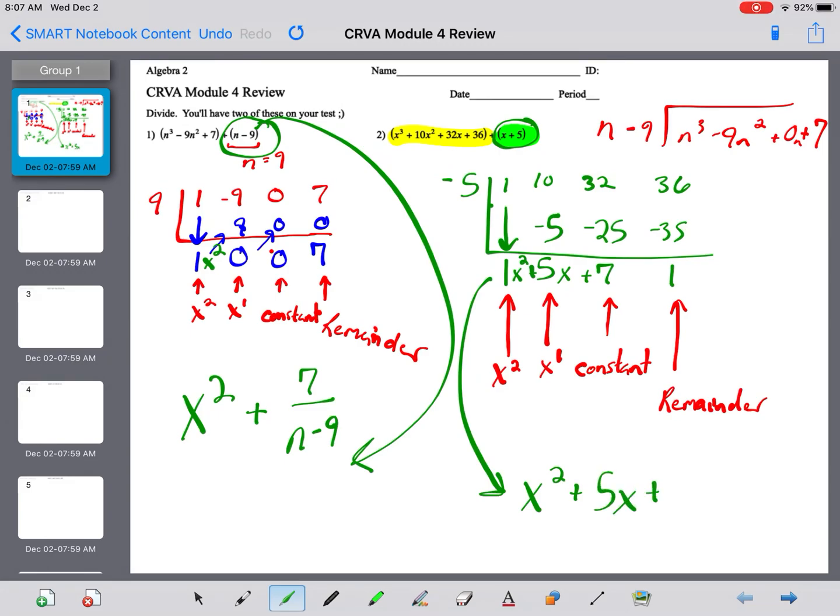We don't need to write down the 1. Plus 7 plus, the remainder is a positive 1, so plus 1 over x plus 5. There we are. That's how it goes.